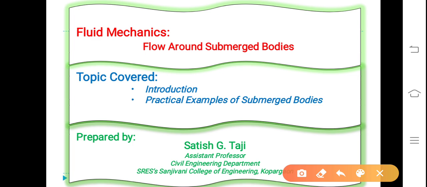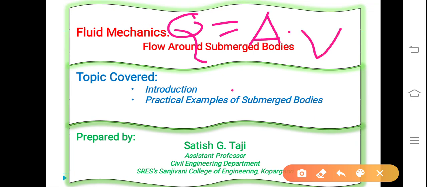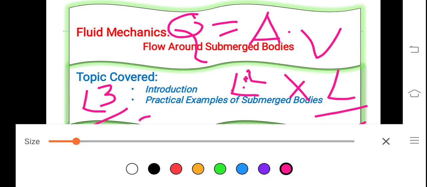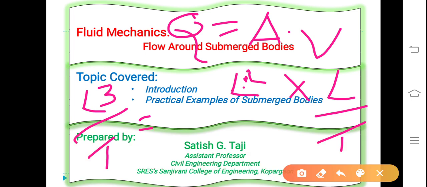In dimensional analysis, if you want to write discharge Q, that we know is nothing but area into velocity, where area is equal to L squared multiplied by V meters per second, that is L divided by capital T. This can be written as L cube divided by T, which is also equal to L cube multiplied by T to the power of minus 1.